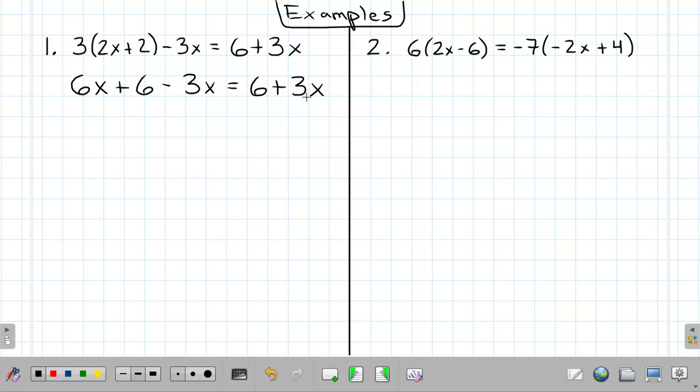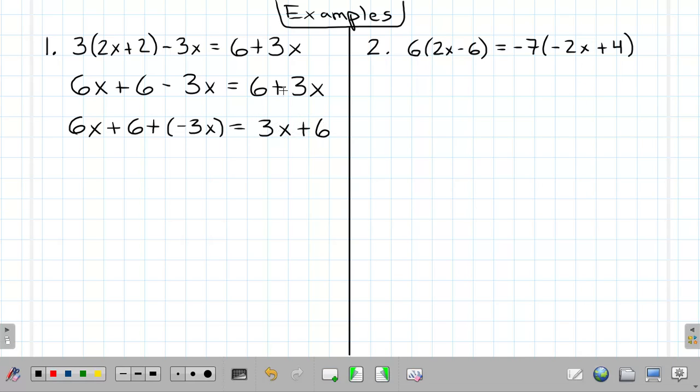Now from here, people might see something, but once again, let's just keep going, okay? Some people can probably go from here and say 6x minus 3x gives me 3x, but I am going to take the one extra step here for those that maybe need the help, and write it as a sum.